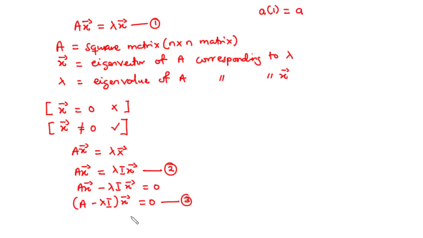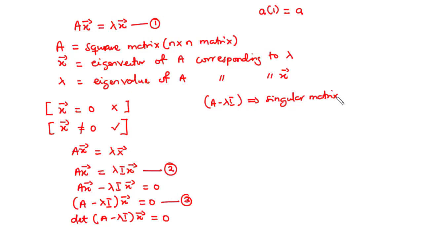Now this system will have a non-trivial solution if and only if the determinant of A minus lambda I is equal to 0. Notice that this matrix, A minus lambda I, is a singular matrix because its determinant is equal to 0, and therefore this matrix has no inverse.